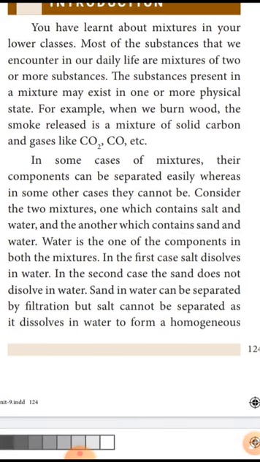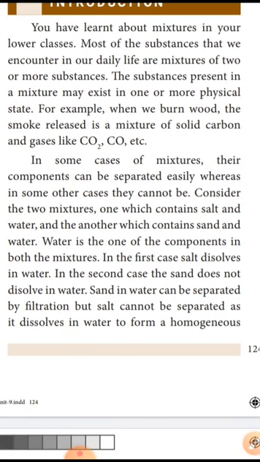Already I said the mixture contains two or more substances. That substance is a component. So in some cases of mixture, the components cannot be separated. This is one point. Then another point is, in some cases of mixture, the components can be separated easily.